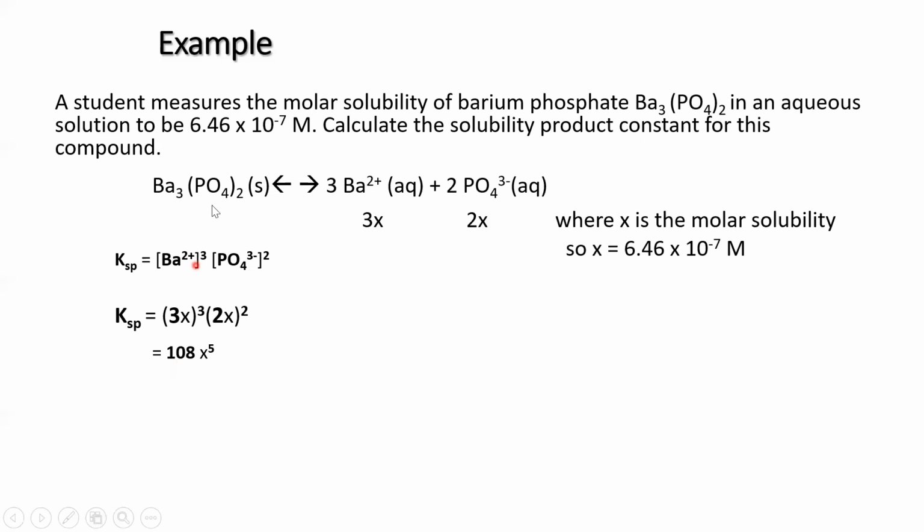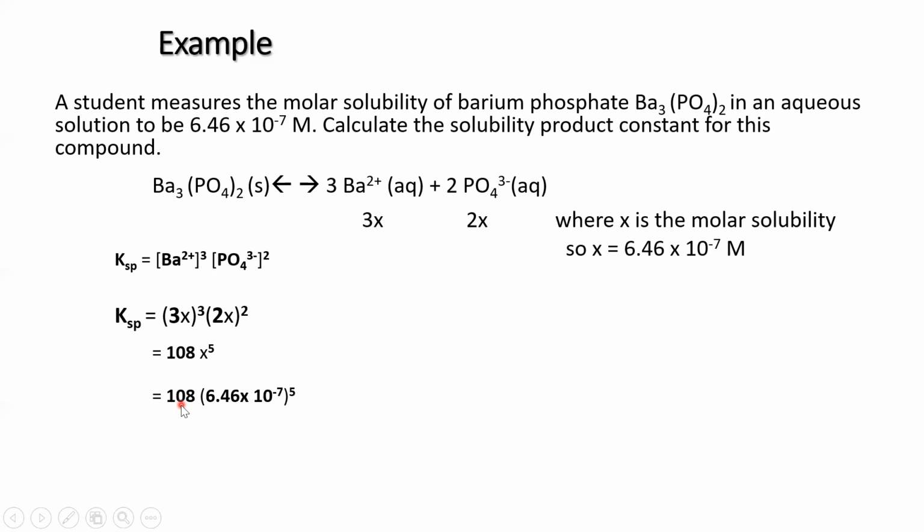Now, the question gave us x. It gave us the molar solubility of barium phosphate, and it's a 1 to 3 ratio to get to barium ion and a 1 to 2 ratio to get to phosphate. So we're going to take that 6.46 times 10 to the minus 7 and substitute it in for x.